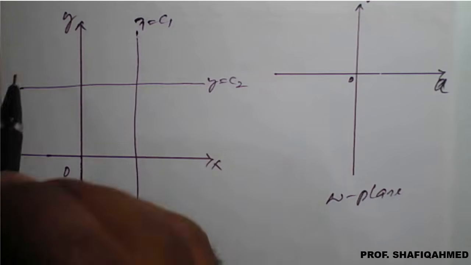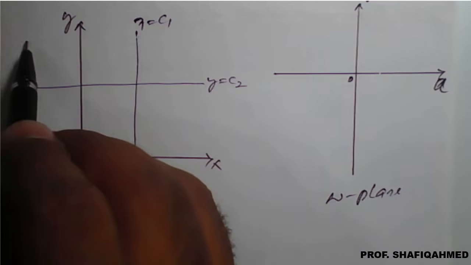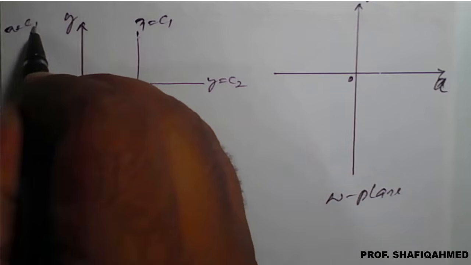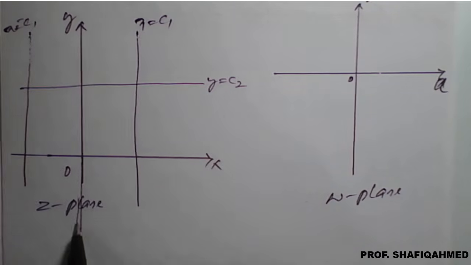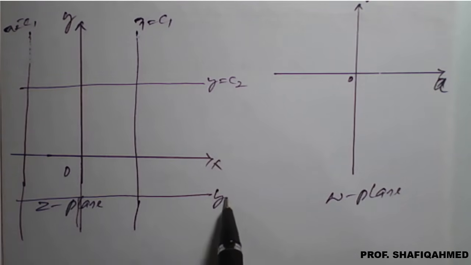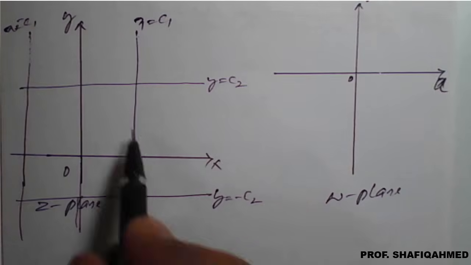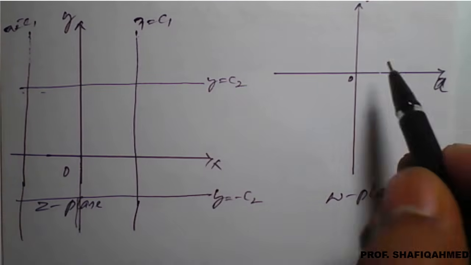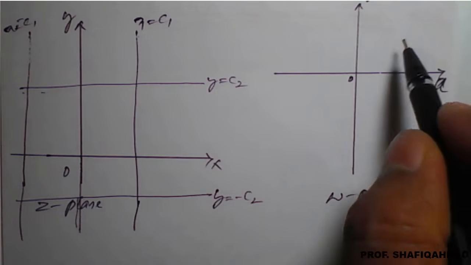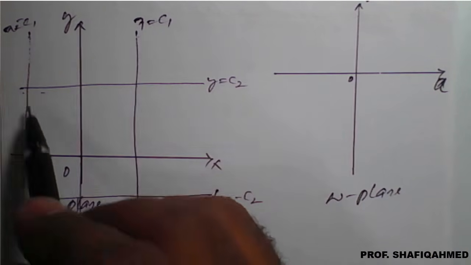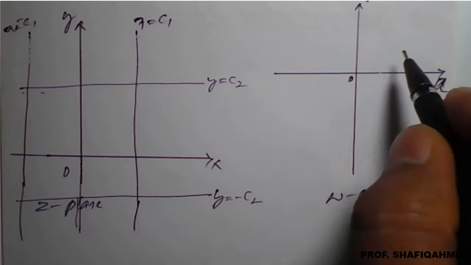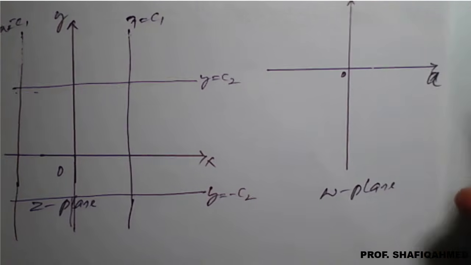And x is equal to minus c1 I will take here, on the negative axis, and similarly y is equal to minus c2. So x is equal to c1 and x is equal to minus c1, both positive and negative, convert to a parabola. According to that we have to draw.